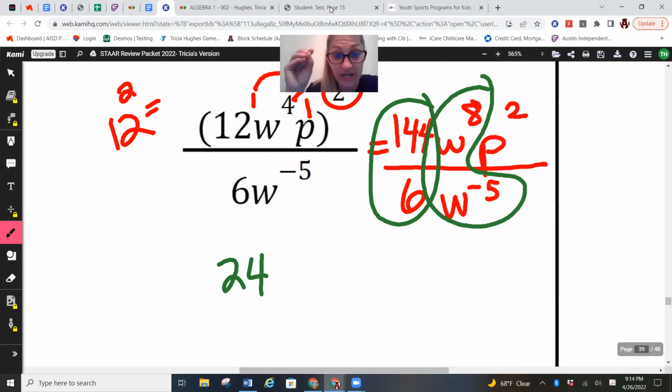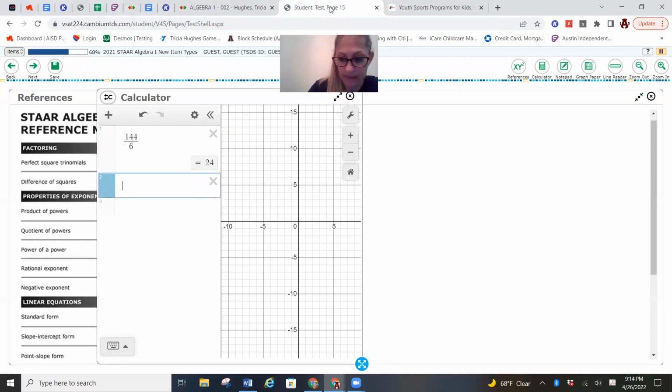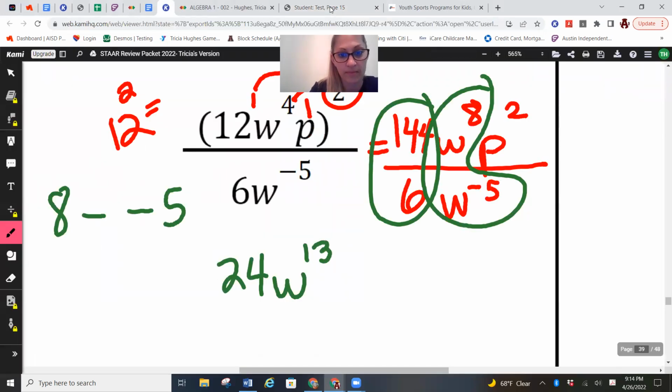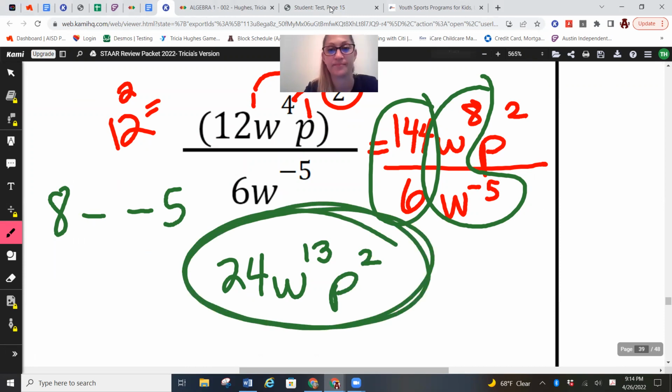When I divide w's, I subtract exponents. What is 8 minus -5? 8 minus -5 is 13. And p doesn't have anything to do, so rewrite p, final answer.